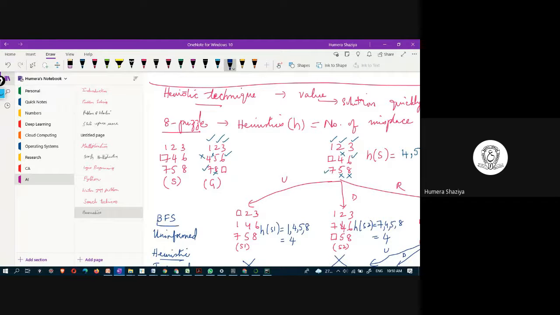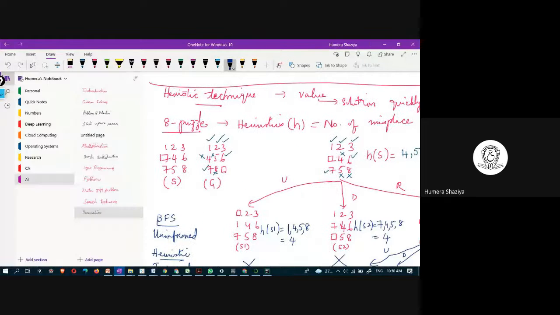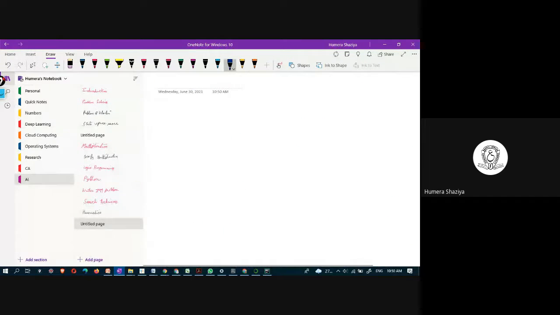We looked at one heuristic technique. We will begin now with another page where we will learn heuristic search techniques. There I gave you an intuition about heuristic search and non-heuristic search.